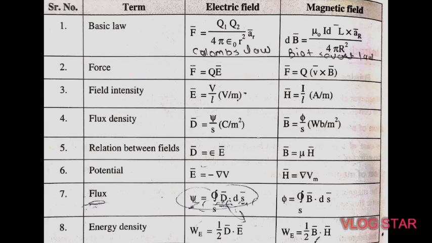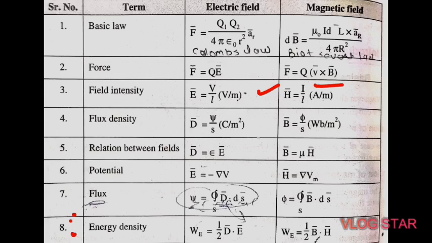The electric field intensity is denoted by V by L, that is potential per length. The unit of electric field intensity is volt per meter or Newton per coulomb, and for the magnetic field, it is represented as H bar is equal to I by L, that is ampere per meter.